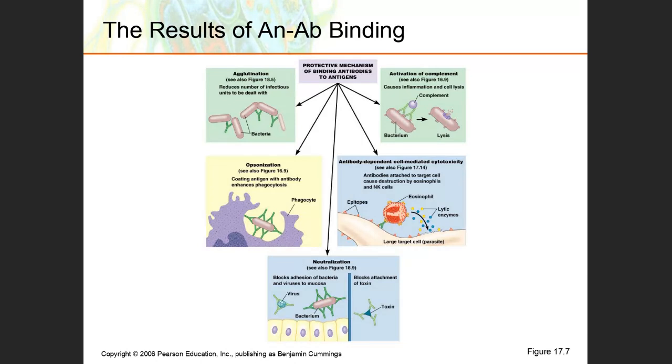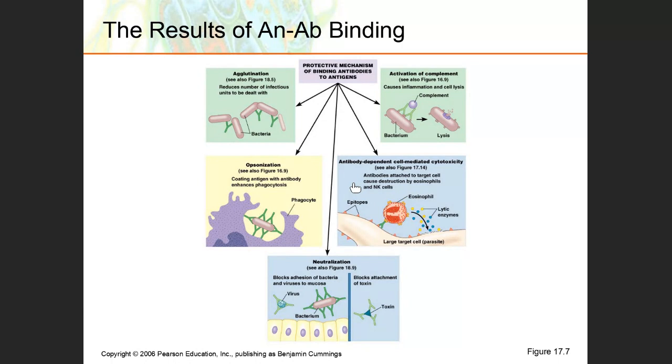So just to summarize all the different mechanisms, including one that I'll mention later, the antibody-dependent cell-mediated cytotoxicity. We will talk about that later on, probably not till next class. But antibodies are clearly extremely important.